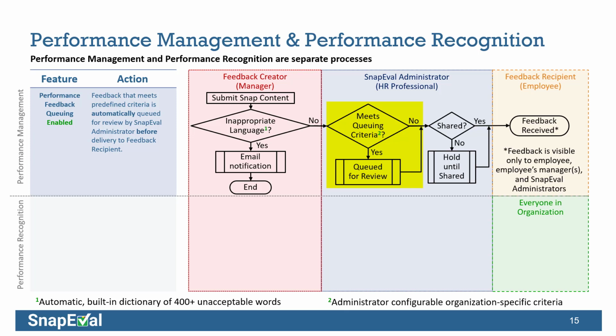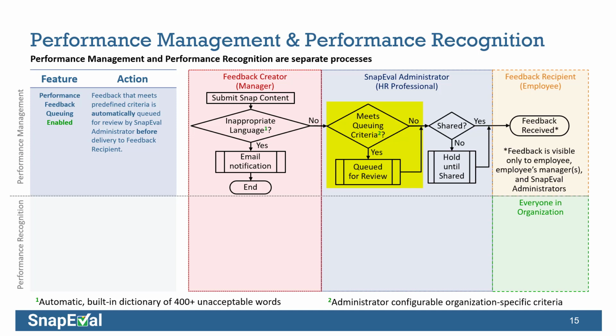Now, I've just shared with you one queuing criteria, which happens to be negative sentiment, but there are others. For example, there's a dictionary that you can create yourself that will cause any of the words that you might deem to be questionable or of concern to cause a snap to be queued for your review. This is outside of the inappropriate language filter's built-in dictionary.